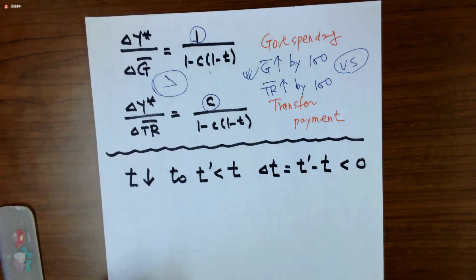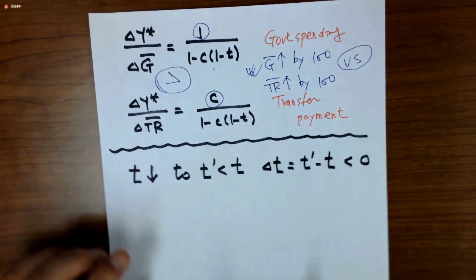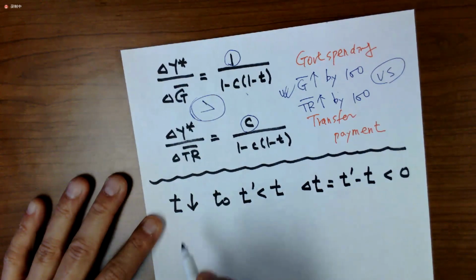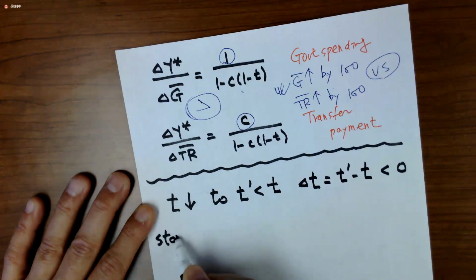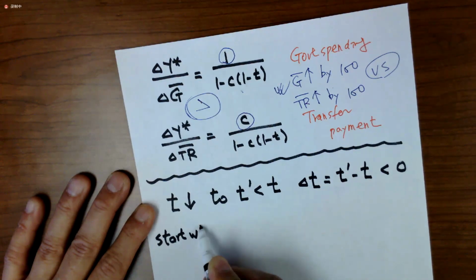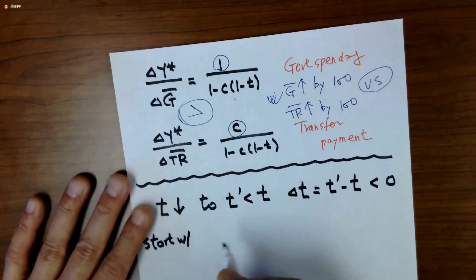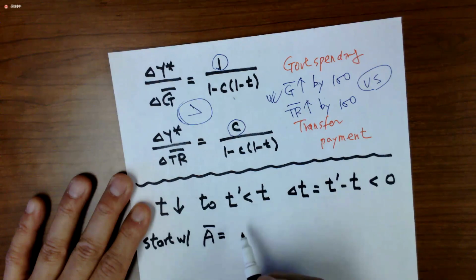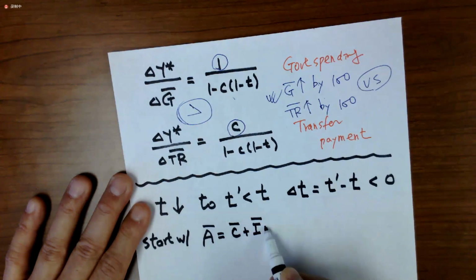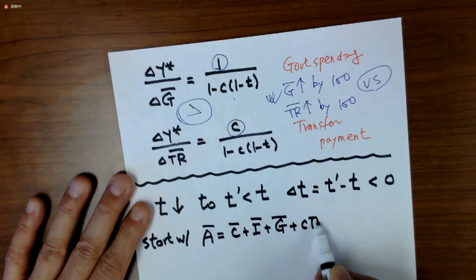Yes. So, once again, you start with A bar equal to C bar plus I bar plus G bar plus C T bar.